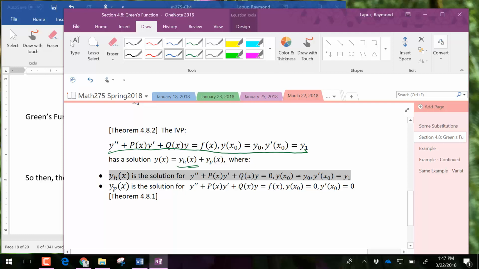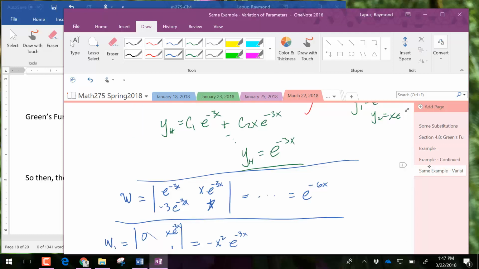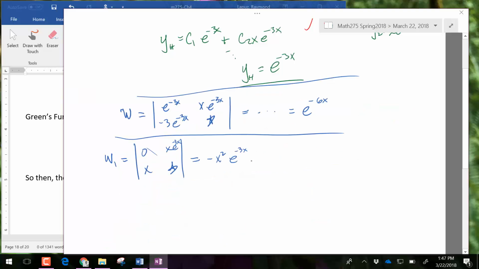And so that part is the same. A lot of this is the same. Yeah, so this is what we get after using initial conditions.